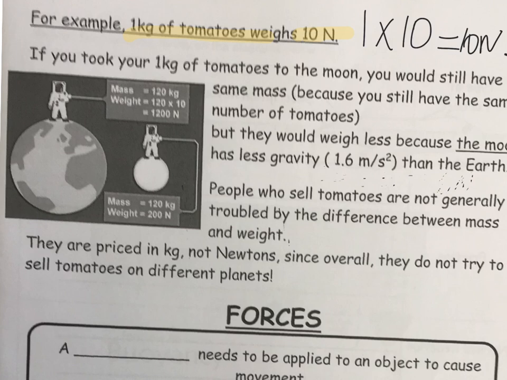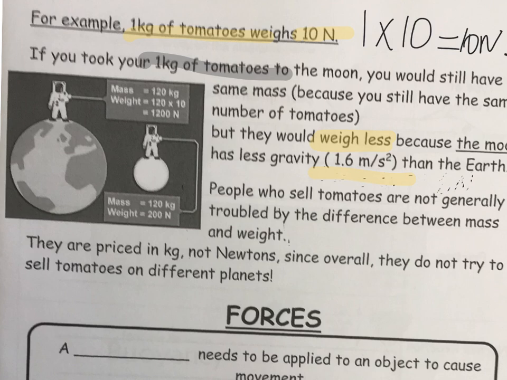If you take this same 1 kilogram of tomatoes onto the moon, you would still have the same mass because you still have the same number of tomatoes, but they would weigh less, and that's the key thing because the moon has less gravity than that of Earth. The gravity on the moon is 1.6 meters per second squared compared to that on Earth.